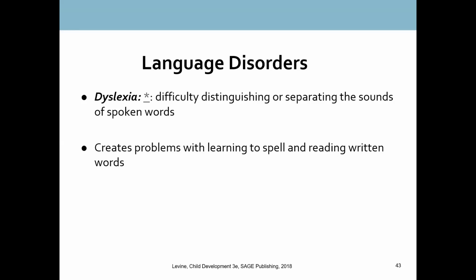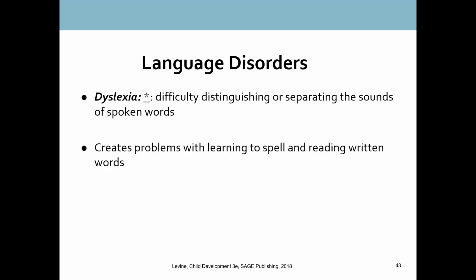You can't notice if somebody has dyslexia just by talking to them. It really does show up in written language, reading and spelling, but it starts with their skills at decoding what they're hearing. And then this affects their reading as well as their spelling.